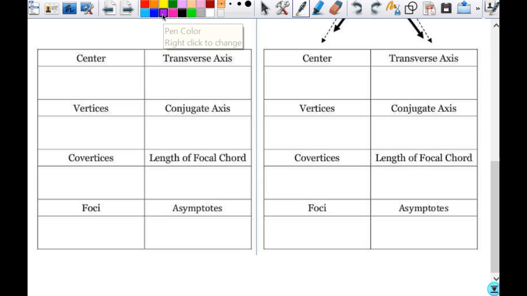All right. So another quick review of this stuff to think through it, and I want you to be able to look at the pictures that are up there. Our center is at (h, k) for both of them.